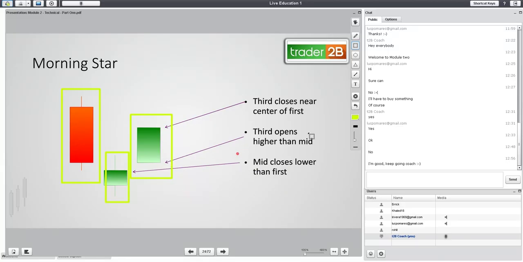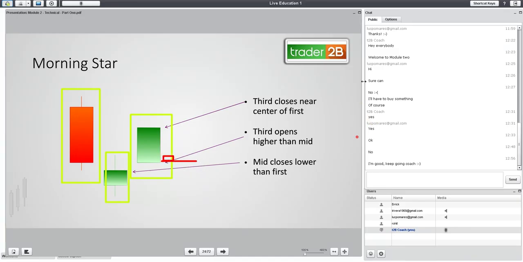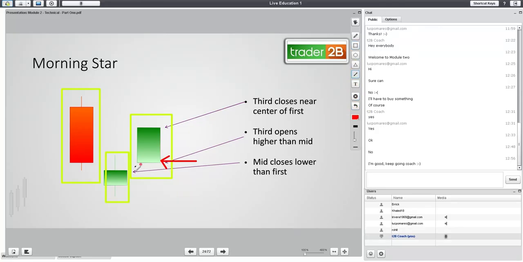I think the two key takeaways are that the opening price here is higher than this price, and that the closing price has to be at least within this particular range of the first candle.